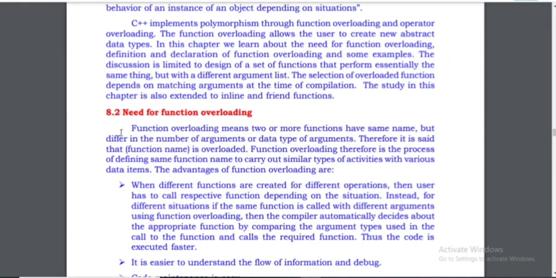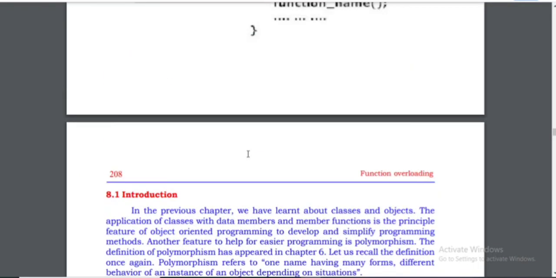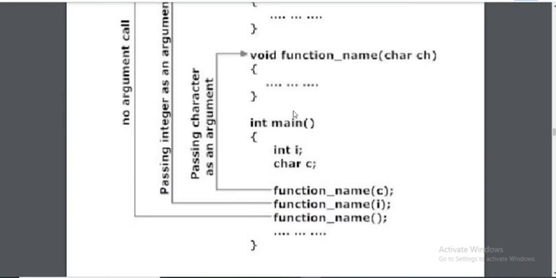We'll see the definition first. Function overloading means two or more functions have the same name but differ in number of arguments or data type of the arguments. Therefore, it is said that the function name is overloaded. In function overloading the same function name exists, but the number of arguments and data type of arguments are different.